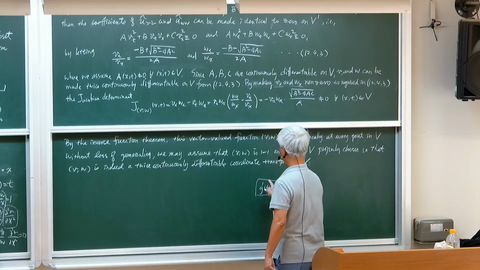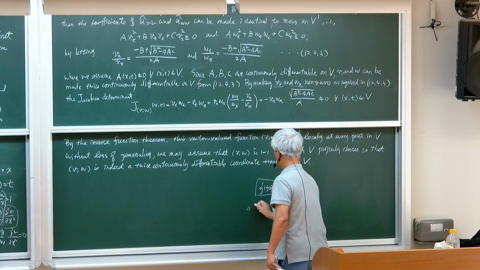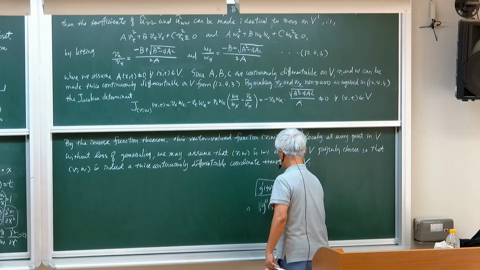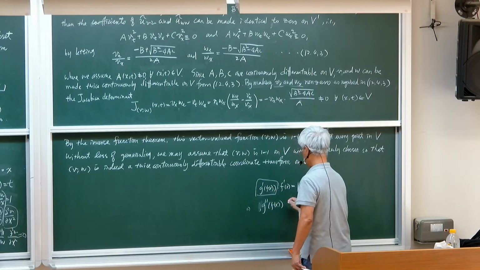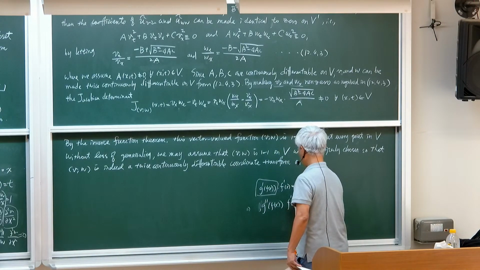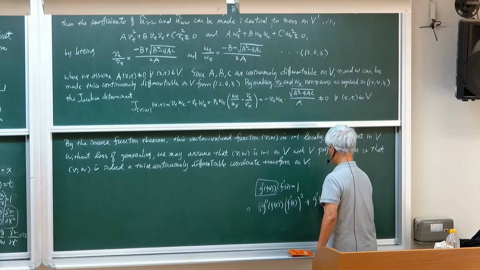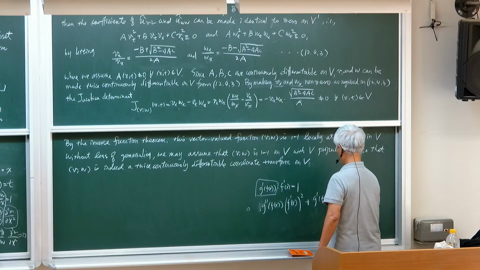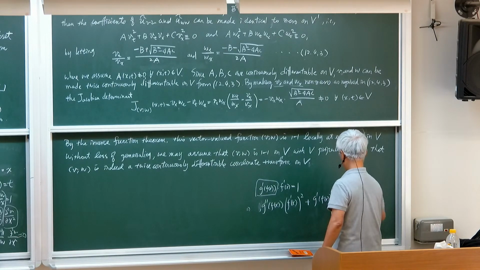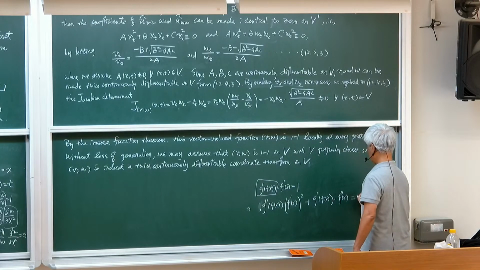Now if it exists, then we have g double prime of f of x times f prime of x squared plus g prime of f of x times f double prime of x is equal to 0.